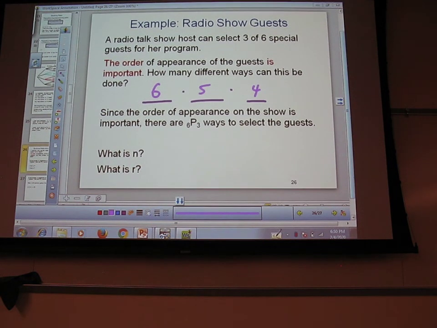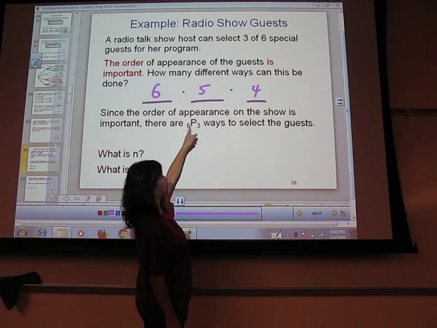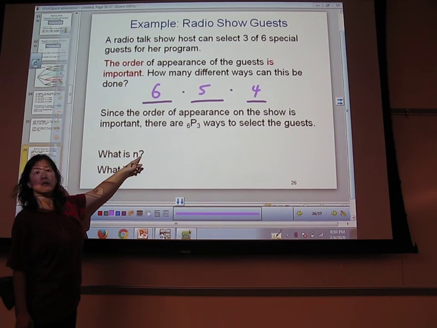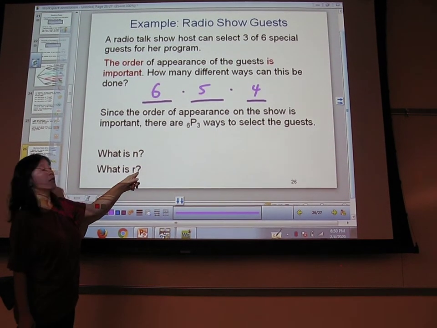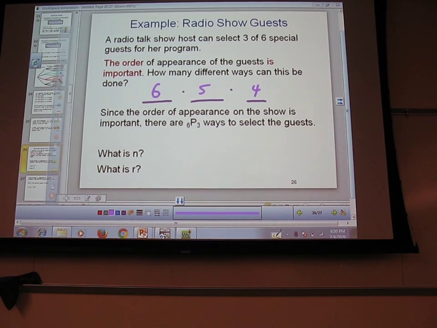They would also call this 6 picking 3 of them. You have 6 items, you're picking 3 of them. Here your N is 6, and your R is 3. Make sense?